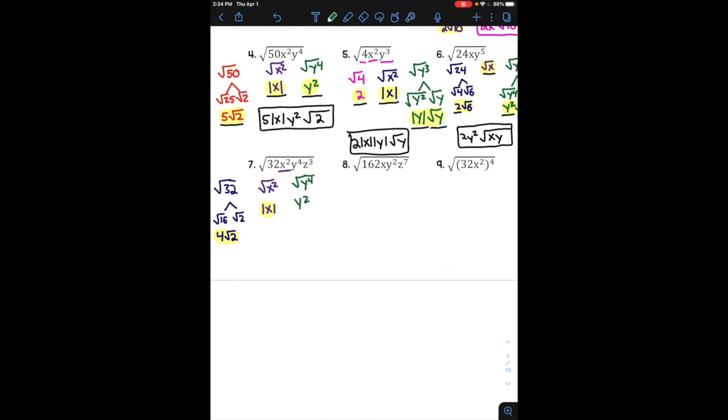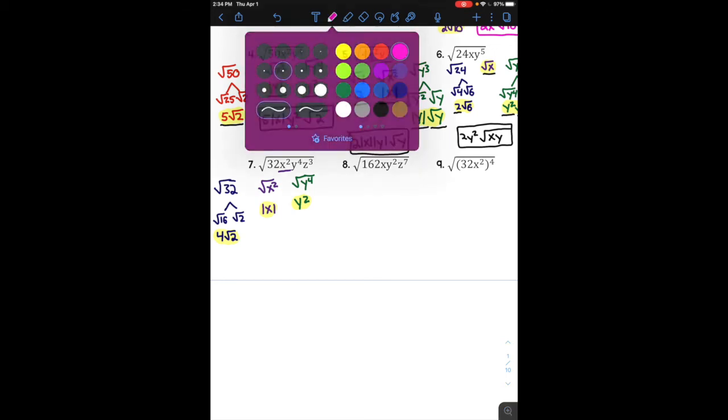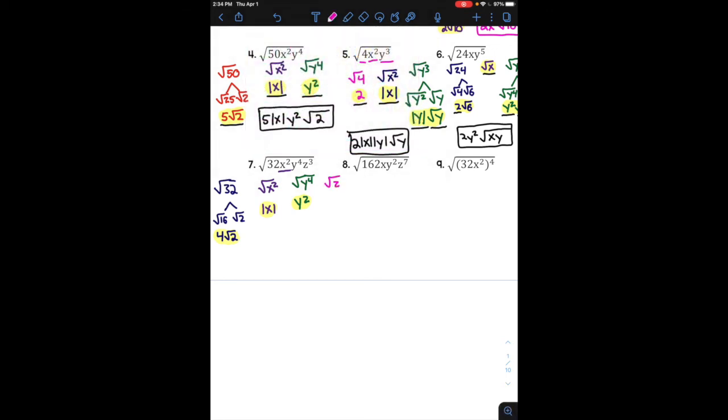No need for absolute values there. And lastly, we'll do the square root of z cubed, which we already saw in problem number 5 with the variable y. The biggest perfect square that goes into z cubed is z squared times z, or the absolute value of z root z.